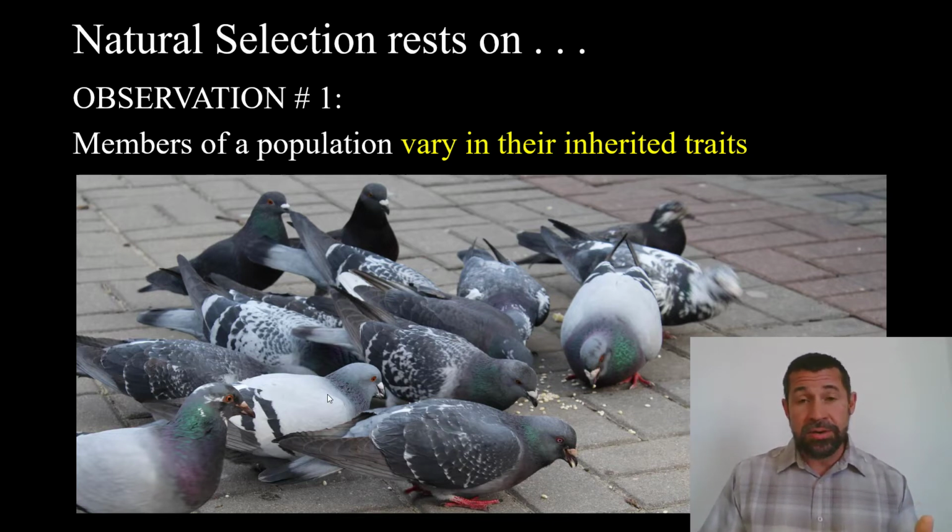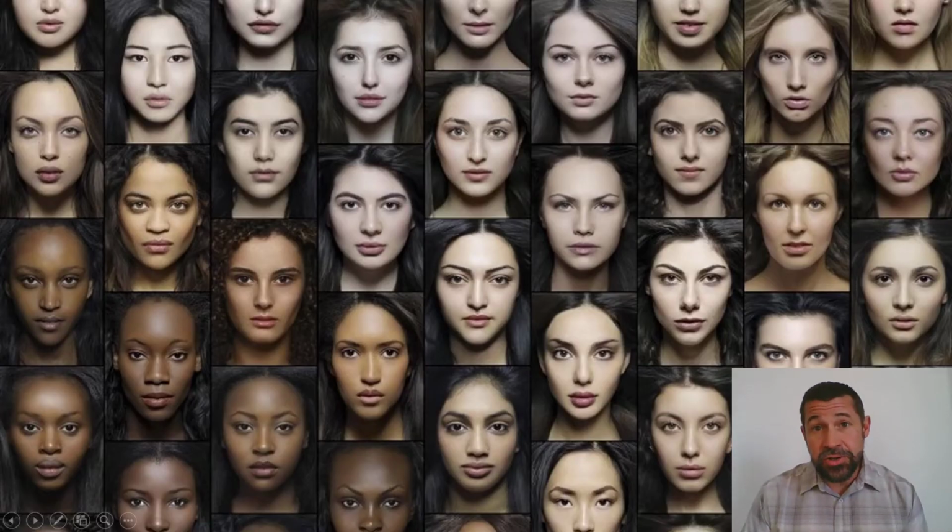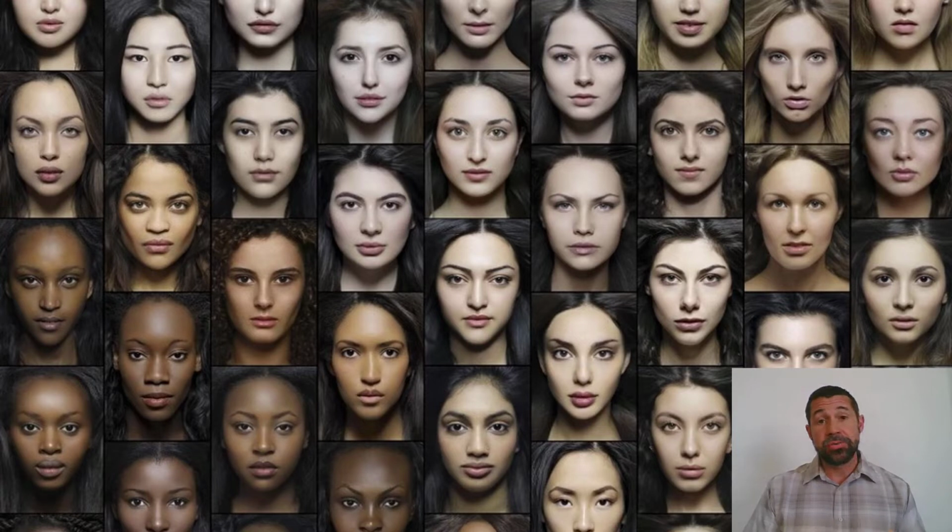And this is just a variation that we see on the surface in their plumage. And it doesn't matter if we're talking about a flock of pigeons or a population of pandas or people. Individuals vary. Consider the human organism. Some of us have dark skin tones, some of us have moderate skin tones, some of us have lighter tones.